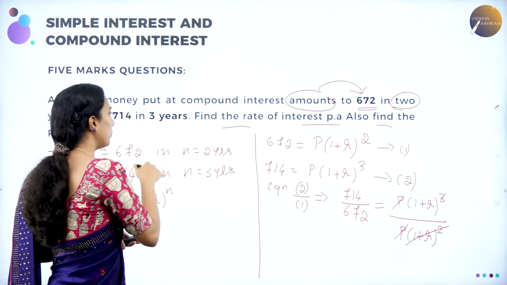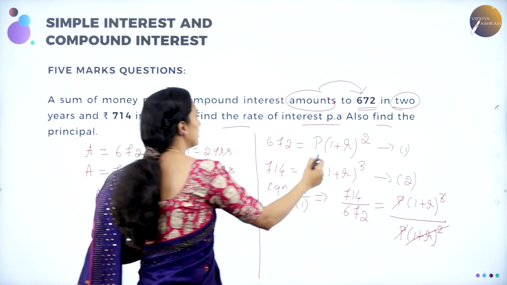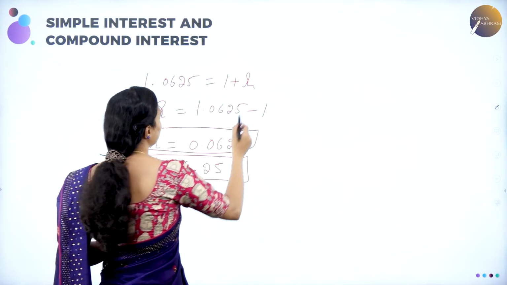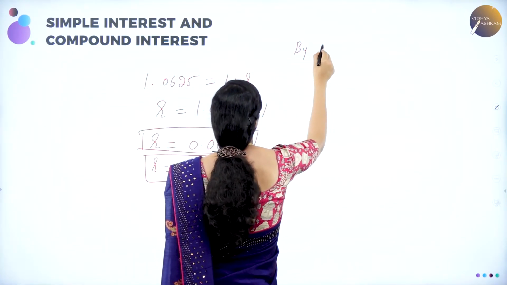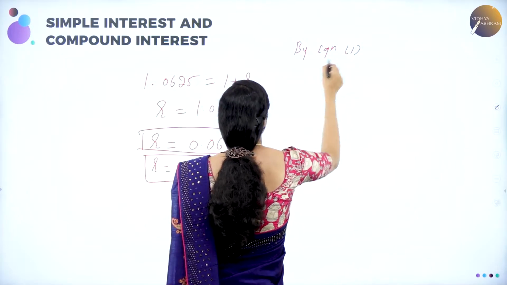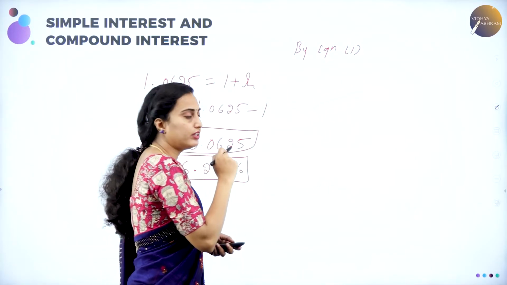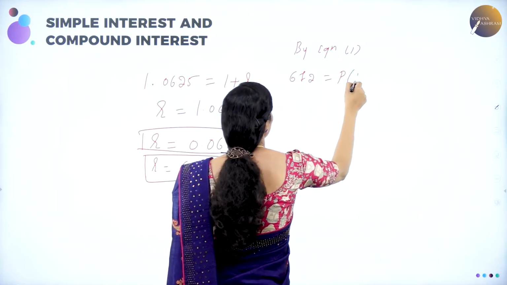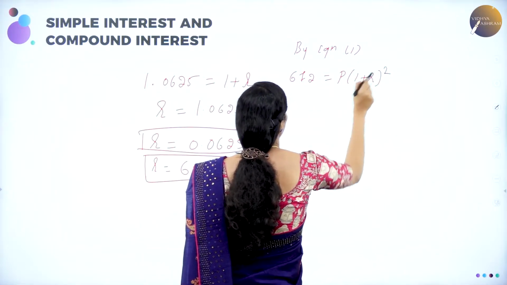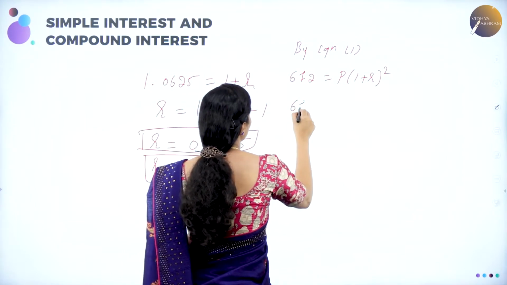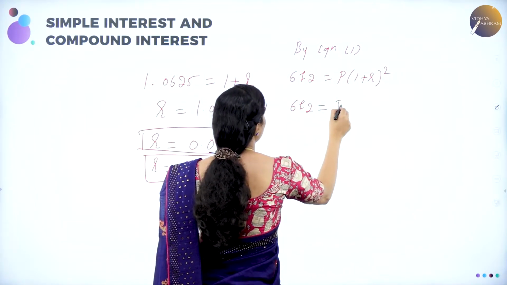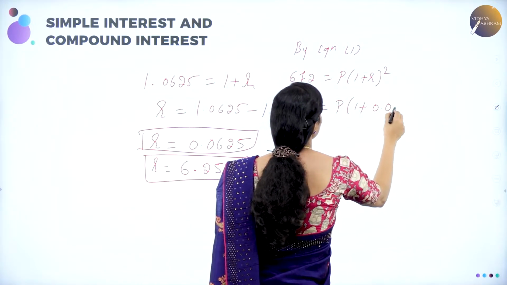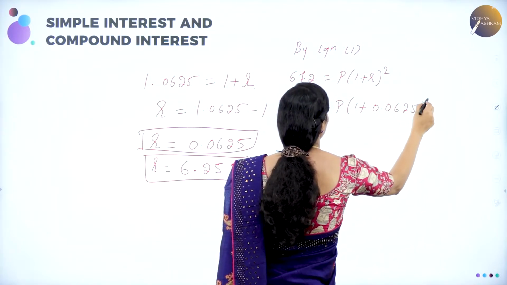Any one equation you can use. I am going to use equation 1 only. I am writing equation 1 here, which is 672 is equal to P into (1 plus R) whole squared. Now, 672 is equal to P, which we don't know, into (1 plus 0.0625) whole squared.